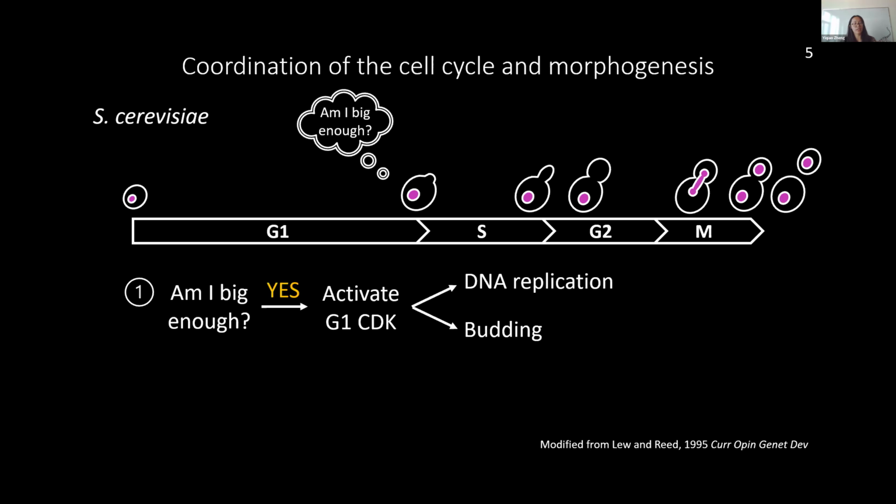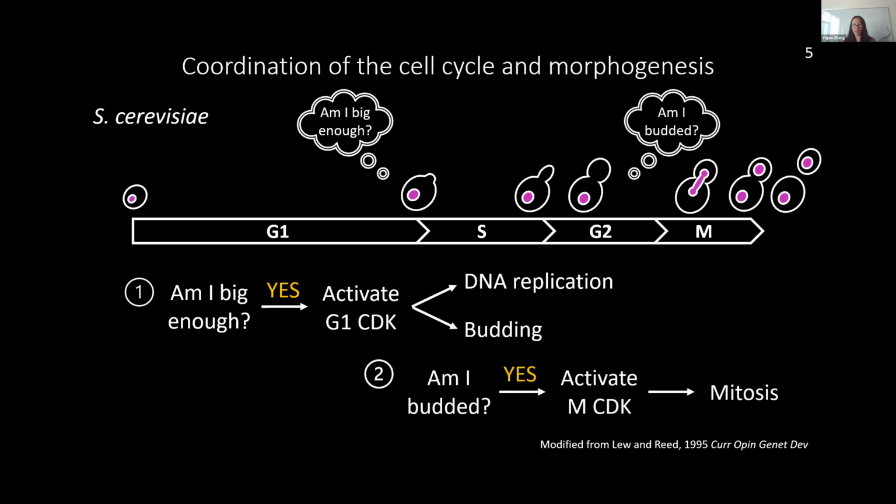Only when the cell reaches a size threshold does the G1 CDK become active, which triggers DNA replication and budding. Another point is the G2/M transition. The cell will monitor whether it has made a bud, and only when a bud has been made, mitotic CDK activity would then become active and trigger entry into mitosis.